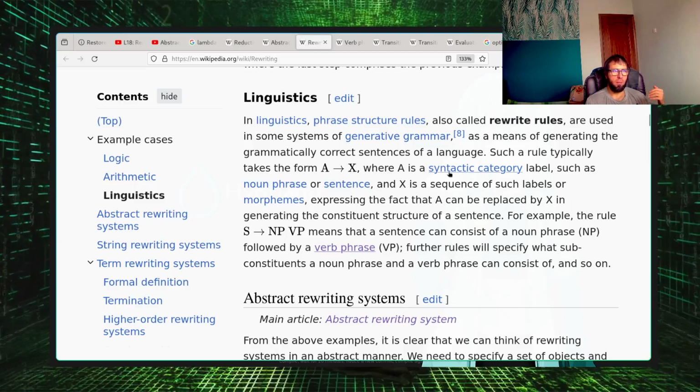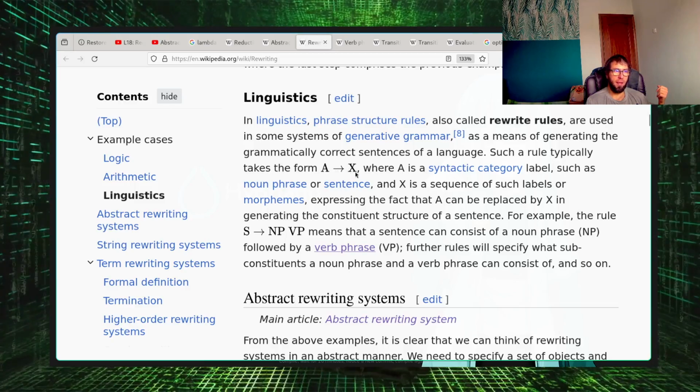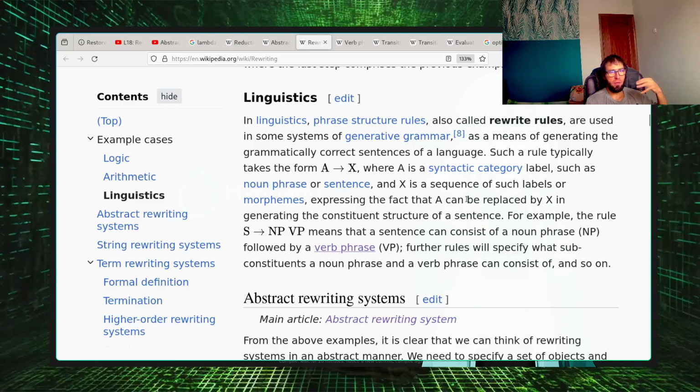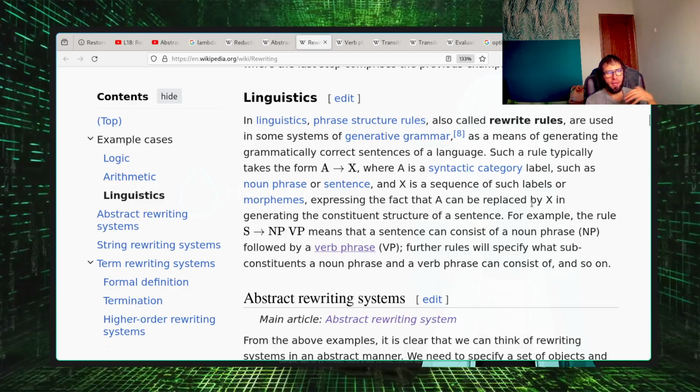For example, rules can be represented in such a form that A can be replaced with X, where A is a syntactic category and X is a sequence of such labels or morphemes, and this expresses the fact that A can be replaced by X to generate the constituent structure of a sentence.